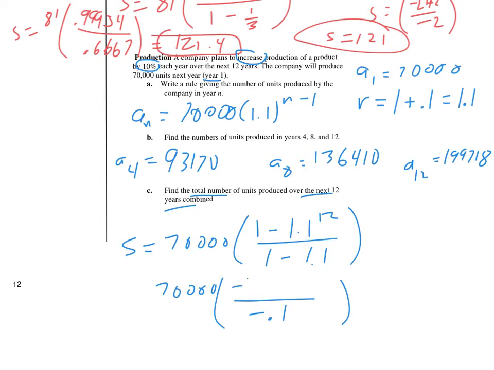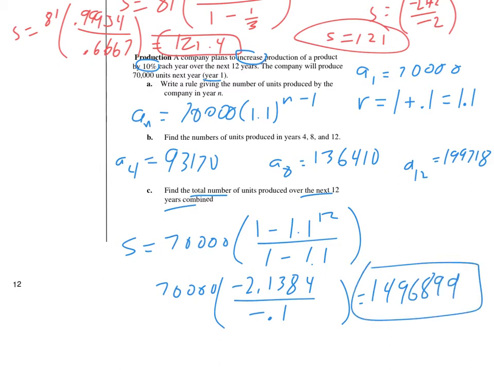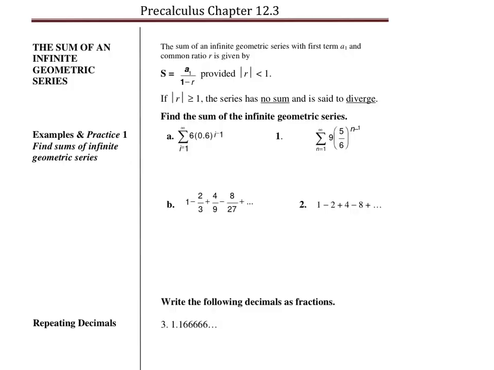So that's negative 2.1384. Divide that by negative 0.1 times 70,000. And I get 149,689.9. Once again, I'll round that down since we didn't get to that next unit, even though it's a 0.8 here.